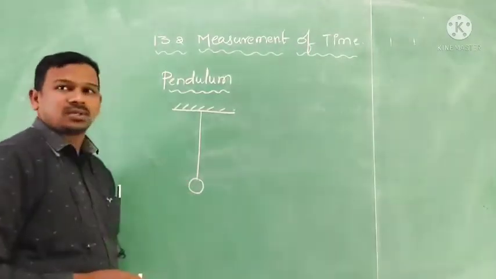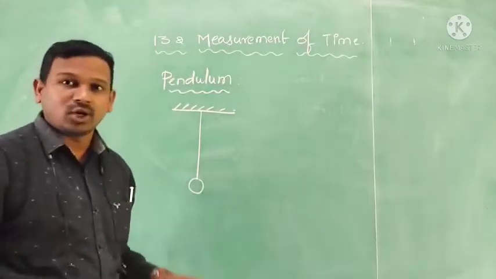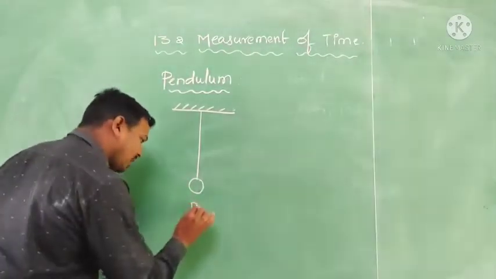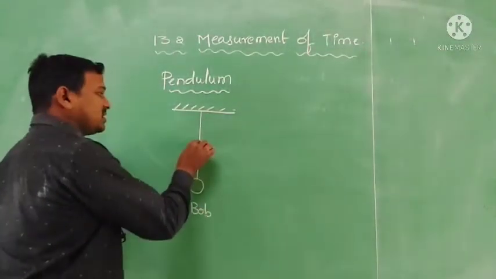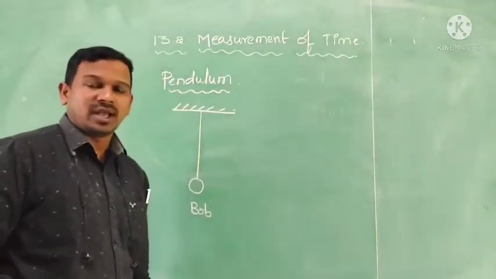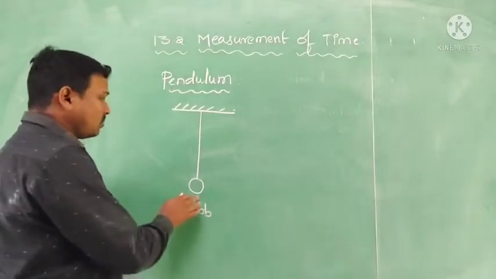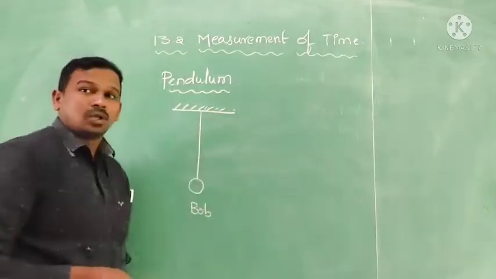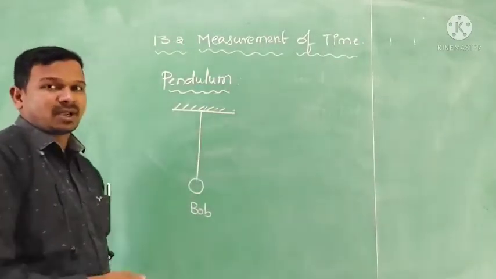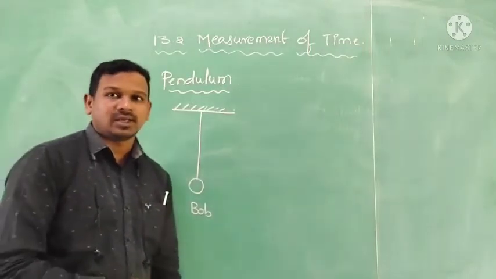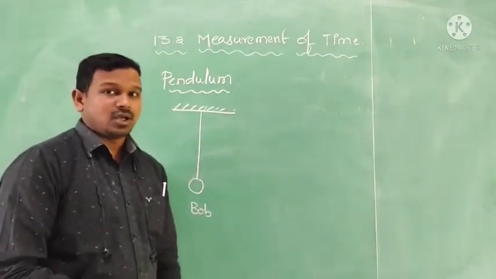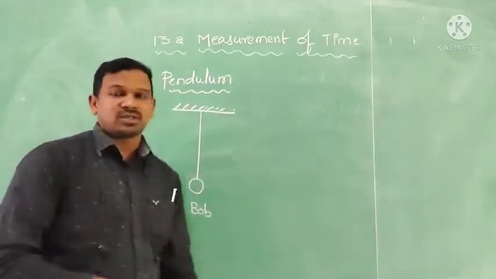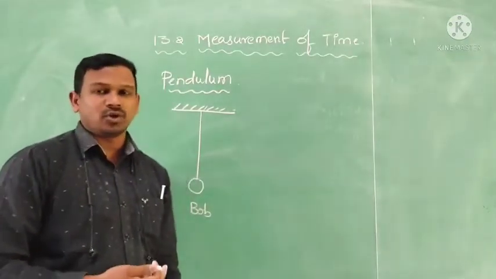We can call it a bob. I'm naming it as a bob here, and this is a string or a rope. With the help of the rope, we attach this bob to a support. This type of mechanism was used to tell the time in ancient days. So let's study how this pendulum tells the time.